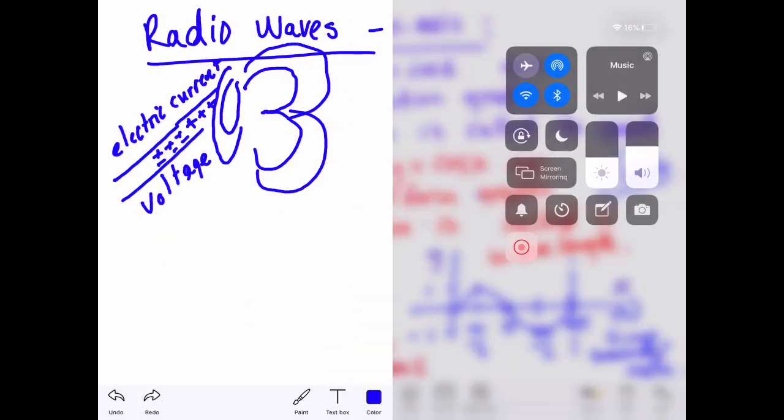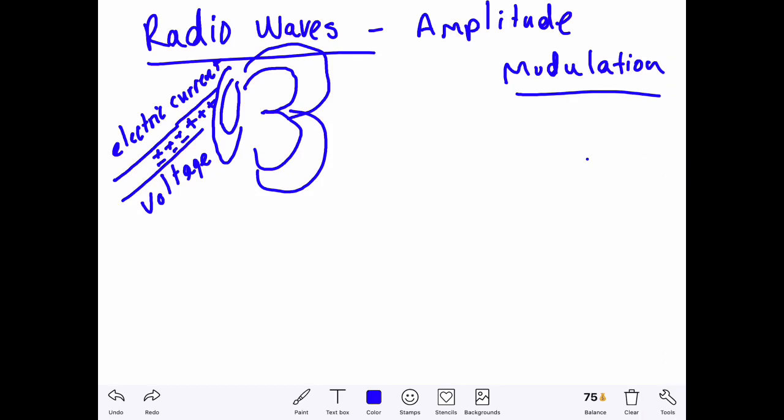Okay, let's talk a little bit about radio waves and this idea of amplitude modulation. Anytime there's an electric current or voltage, it's going to create an electric field around it, and the field looks something like that.